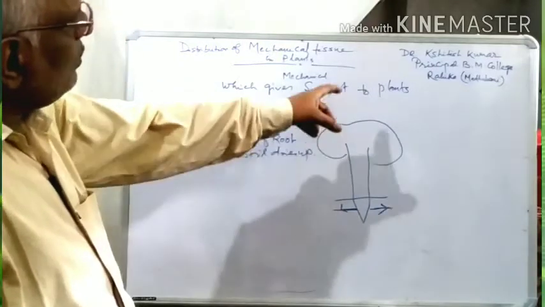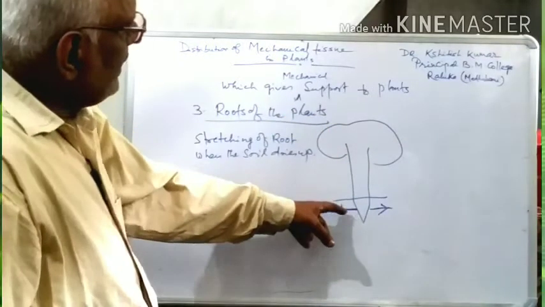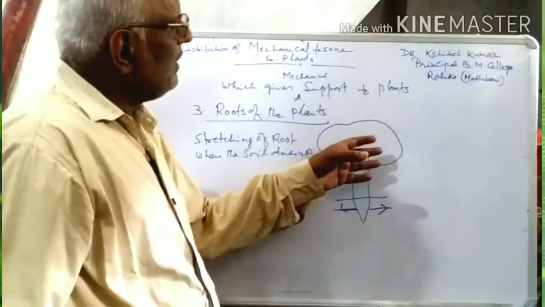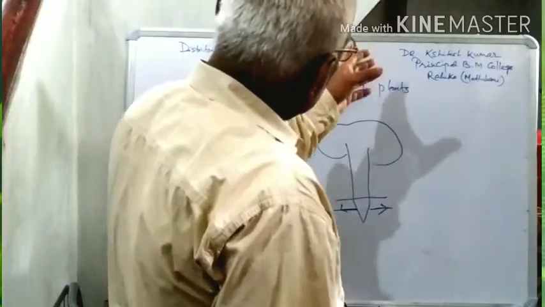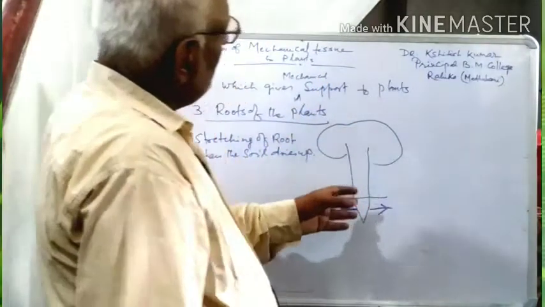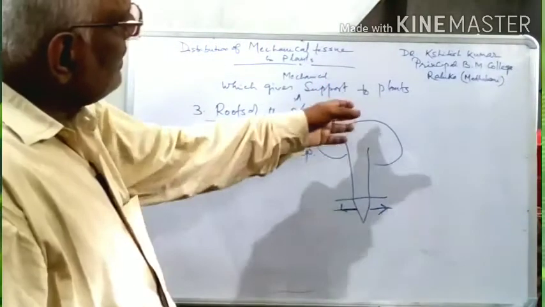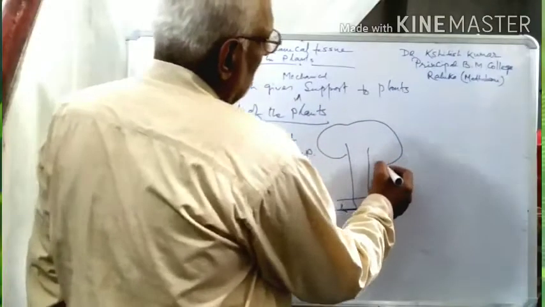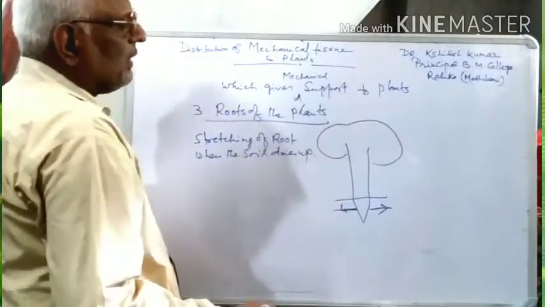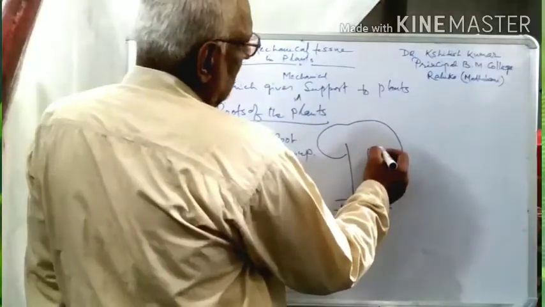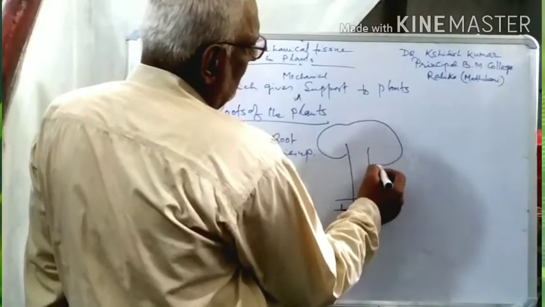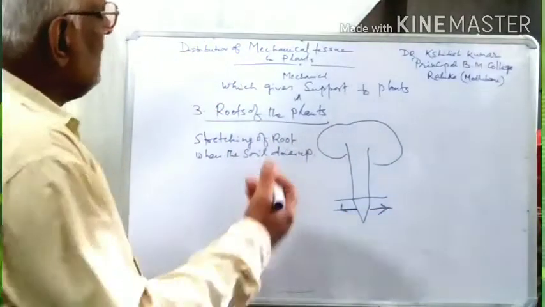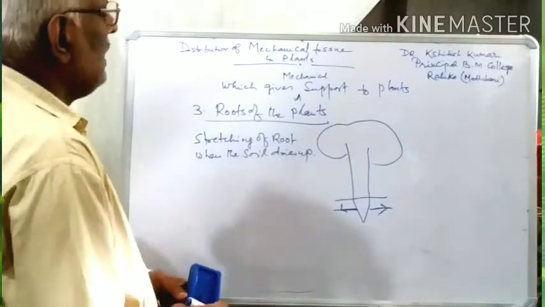So there are two forces: the stretching force, and the compression, which is the longitudinal force of the plant that the root bears. So there are several types of forces.